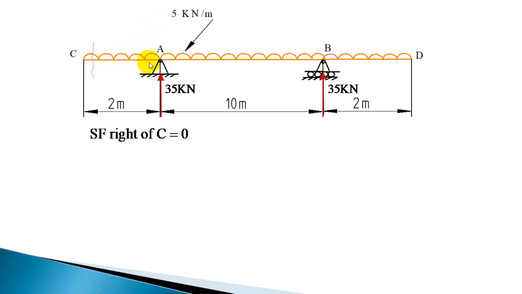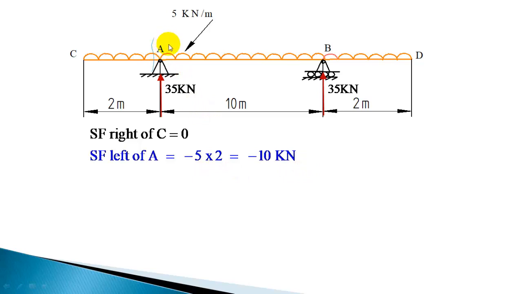It acts for 2 meter, so 5 into 2 or 10 kilonewton will be the load. So 10 kilonewton will be the shear force, but it is downward, so minus 10. So let us write down the shear force for this section: this part of UDL is minus 5 into 2, minus because it's downward, so minus 10 kilonewton.